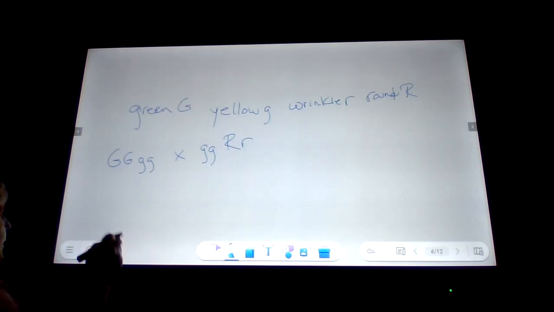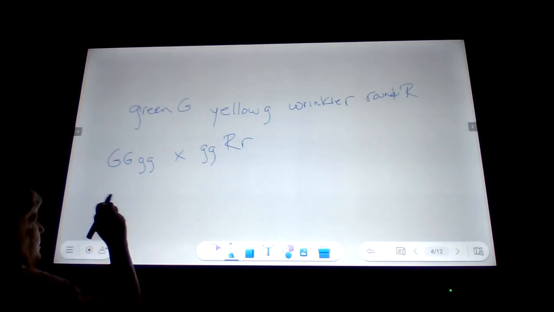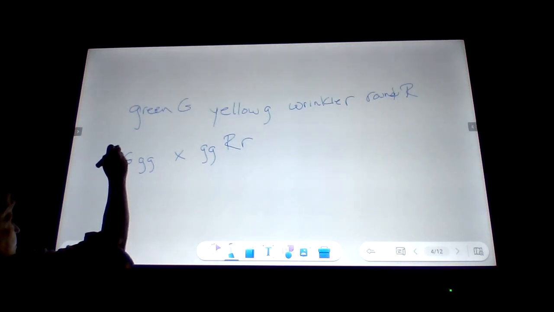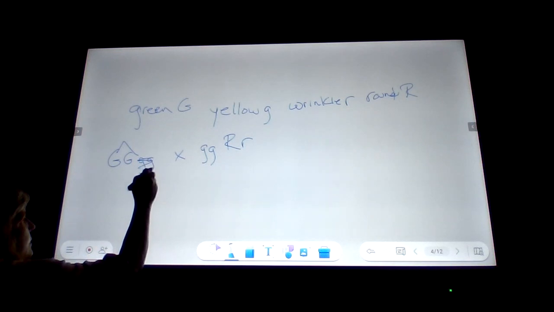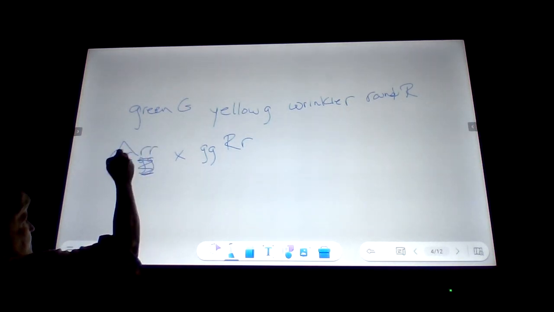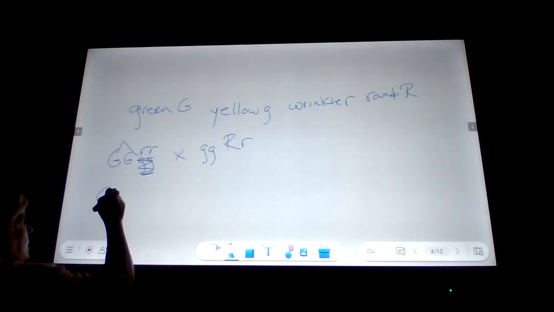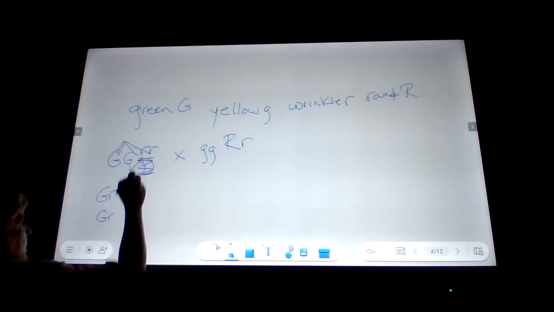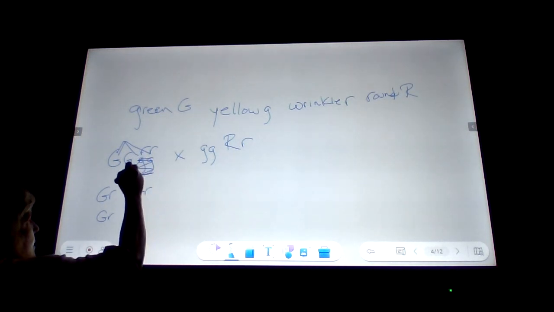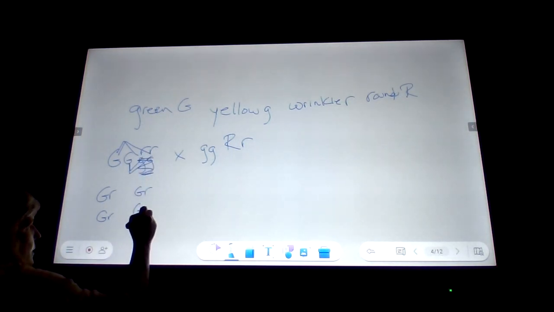So if we use our FOIL, here are the combinations for my parents. This is parent 1. Sorry, these are little r's. This big G can go with this little r, or this big G can go with that little r. This big G can go with that little r, or it can go with that little r.